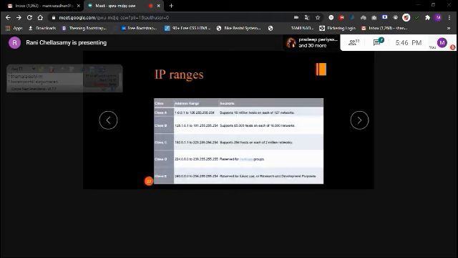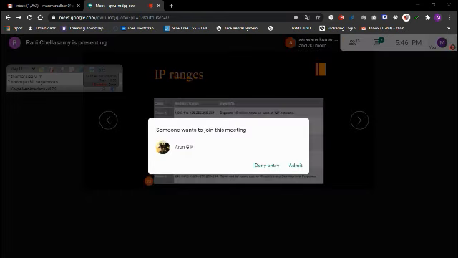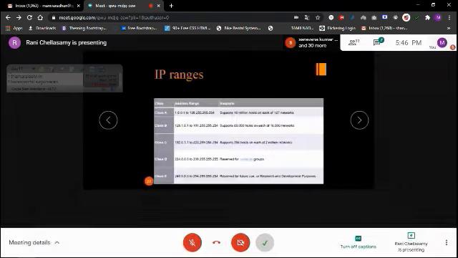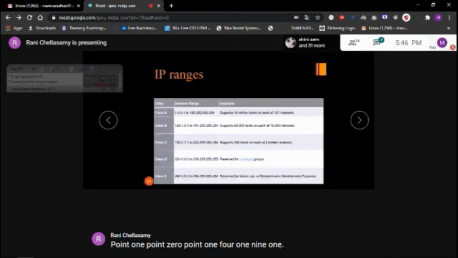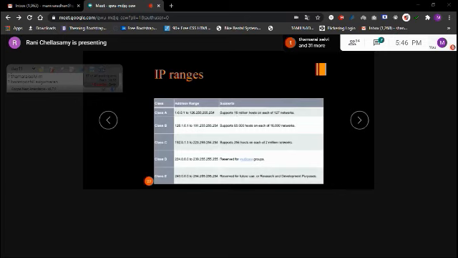Class B goes from 128.1.0.1 to 191.255.255.254, and it supports 65,000 hosts on each of 16,000 networks. Class C supports 254 hosts on each of 2 million networks. Class D is used for multicast groups, and class E is used for research and development purposes.